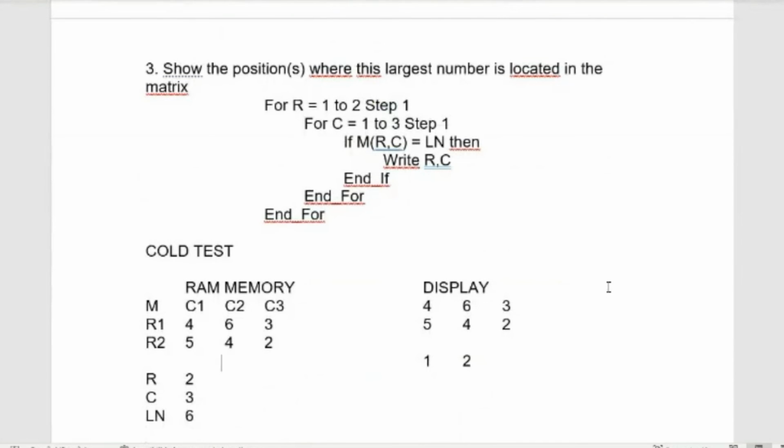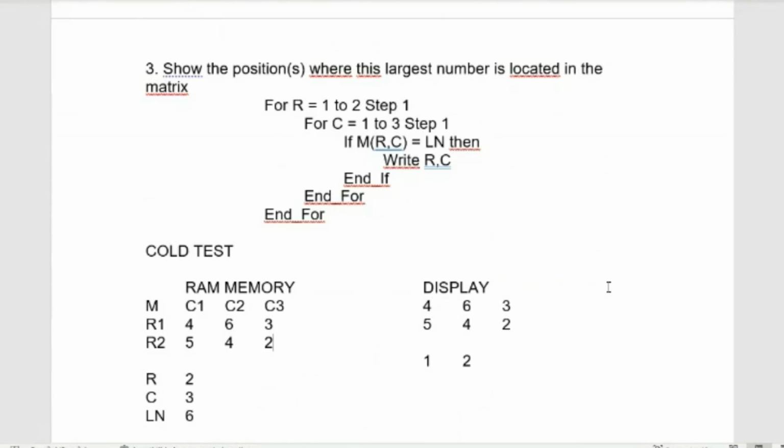So let's see what you have here in the display. You have six numbers organized in rows and columns, equivalent to the memory. You have two rows and three columns.